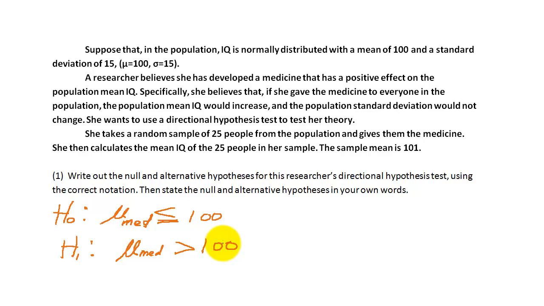State the null and alternative hypothesis in your own words. Didn't I just say? Okay, so the null hypothesis: there's no positive change. The medicine has no positive effect on the mean of the population. That's the null hypothesis.